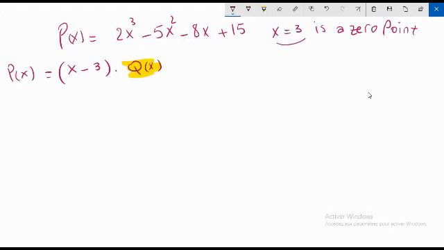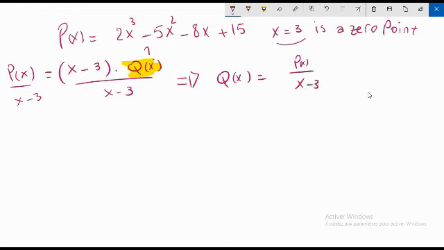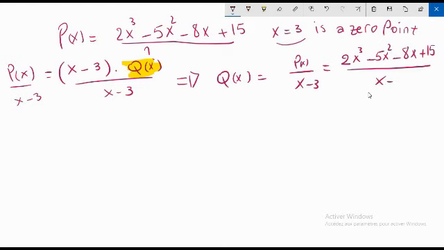So a simple math move is to divide everything by x minus 3, both sides. So you will get Q(x) is equal to, I am looking for this one, P(x) divided by x minus 3. Now if you write back the P(x), it is equal to 2x^3 minus 5x^2 minus 8x plus 15, divided by x minus 3.